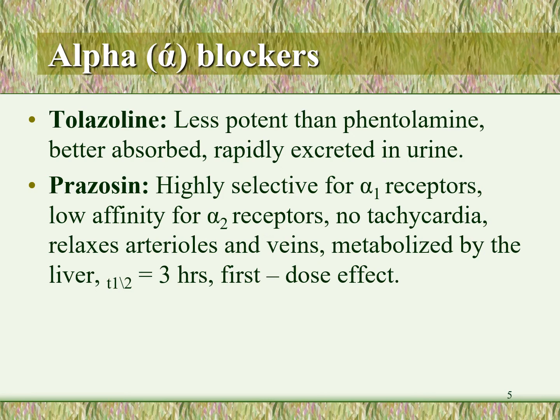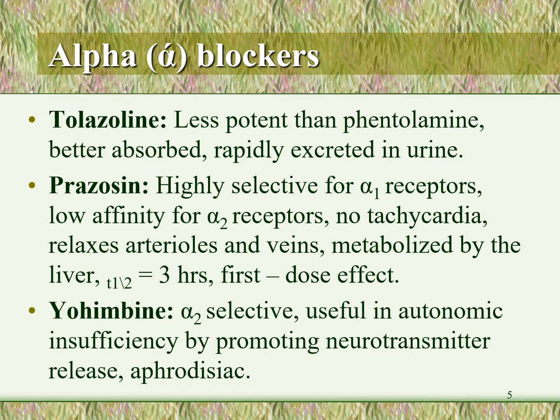It is metabolized by the liver, and the half-life of prazosin is about 3 hours. It also has a first dose effect. I mentioned that the first dose effect is the postural hypotension or static hypotension that occurs with the first doses of these drugs.